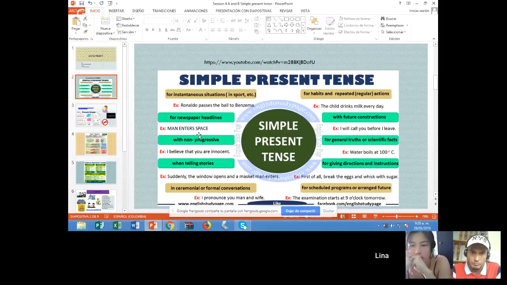So, man enters space for newspaper headlines. With non-progressive, I believe that you are innocent, okay? When telling histories, suddenly the window opens and a masked man enters, okay? Opens, we can see the S.